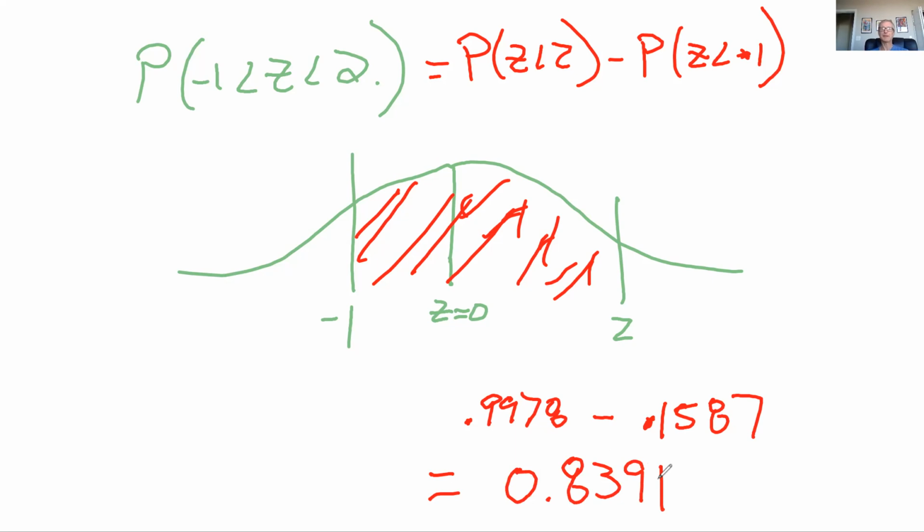And you can see that these z-score tables give you 4 decimal points. So when you do these calculations, you usually leave them as a 4 decimal point calculation.